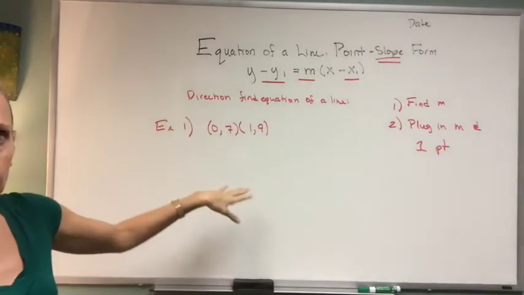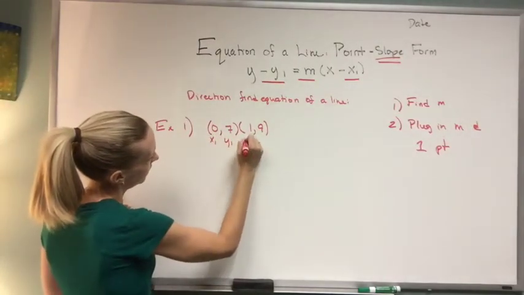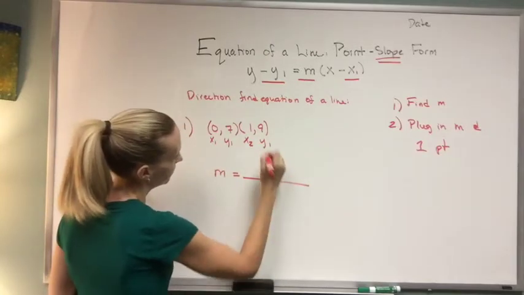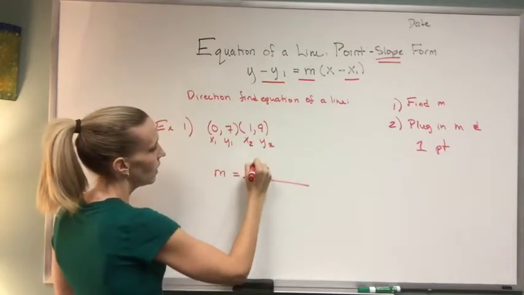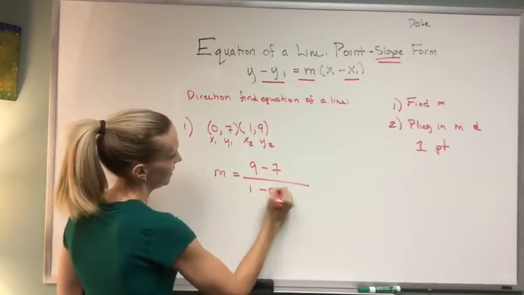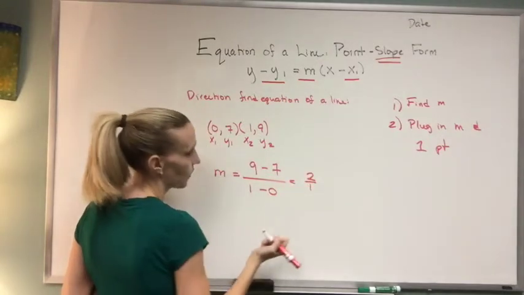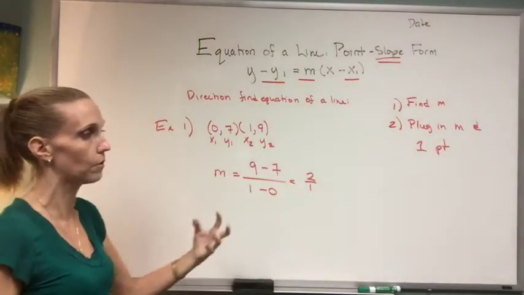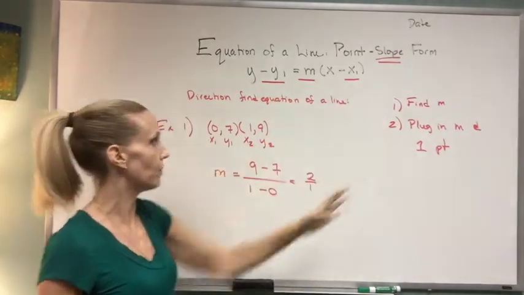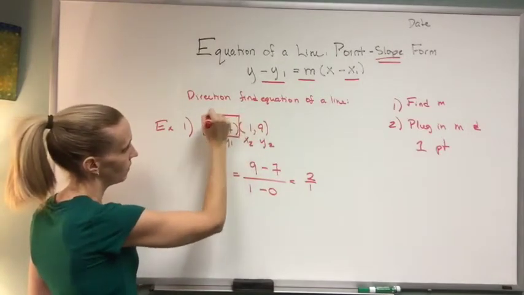Well, we solve for slope. So x1, y1, x2, y2. We plug it into our formula. Whoops, y2, apologize. 9 minus 7 over 1 minus 0 gives me 2 over 1. So I have a slope of 2 over 1. So then I've done my first thing, I've solved for slope. I'm going to choose one point. So I'm going to choose point 0, 7.